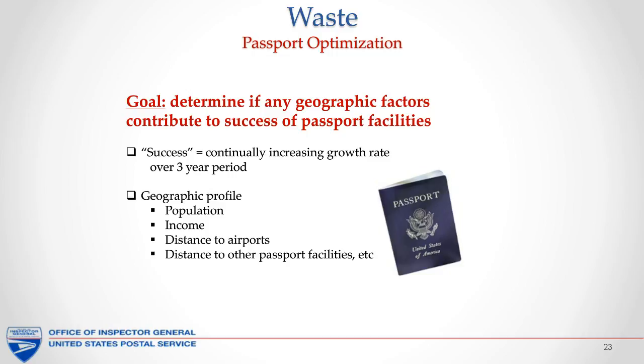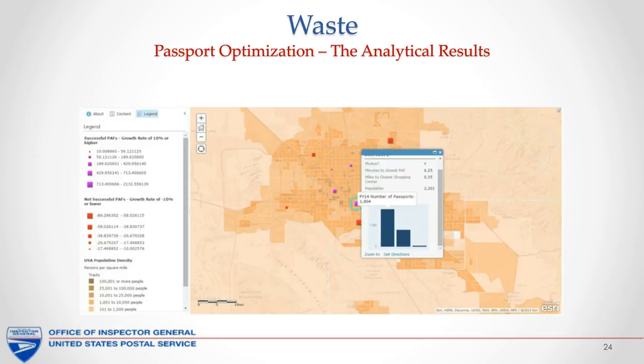So we visualized the data, and this is another interactive map. All the purple squares represent passport facilities that were highly successful, and the ones that are red were not as successful. And again, they're sized by the growth rate. So the red ones that are larger have a much lower growth rate, a very high decreasing growth rate, whereas the purple ones are increasing in the number of passports they're issuing.